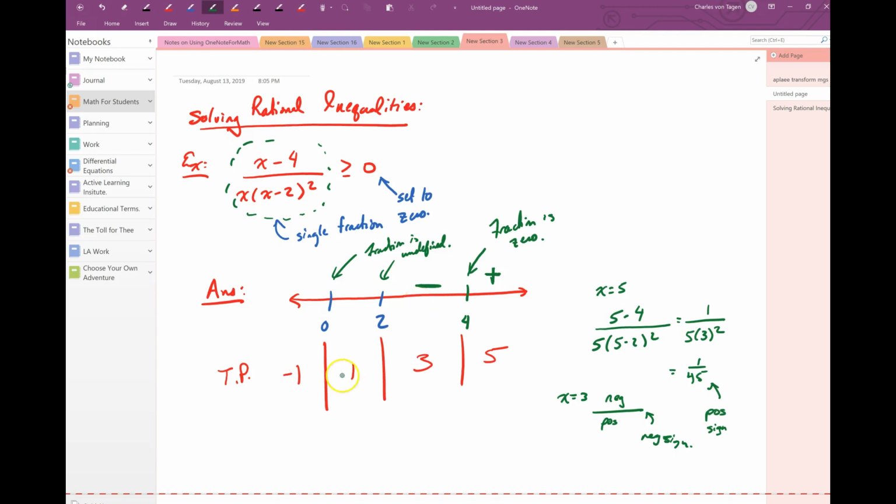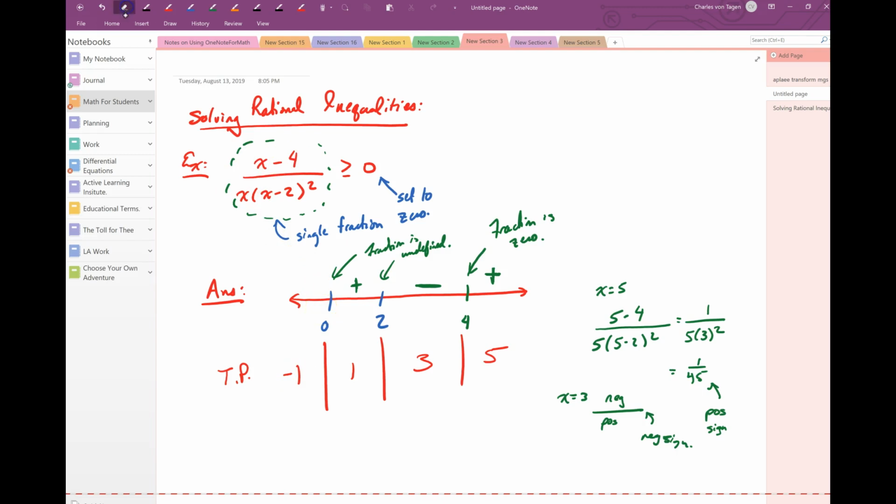Similarly, when x is 1, I'm just going to talk through this in the air. When x is 1, the numerator is negative, and the denominator has what sign? Well, the denominator, because of the squared term, this factor will be positive, and when x is 1, this factor is positive. So regardless of what value I pick for x between 0 and 2, this fraction will always evaluate to be positive. And similarly, if I plug in -1, my numerator is negative and my denominator is negative.